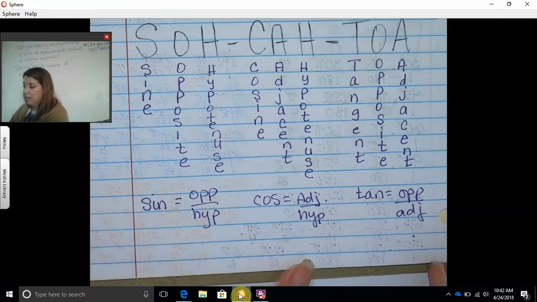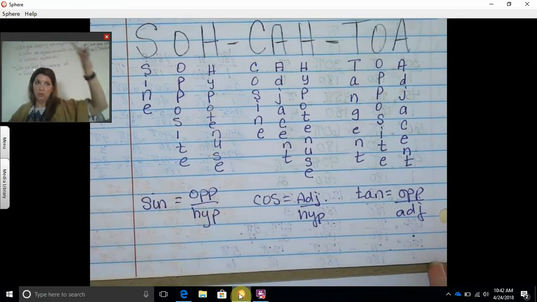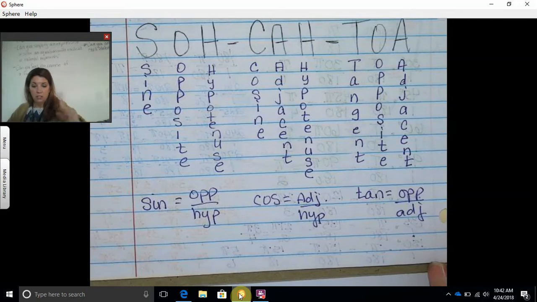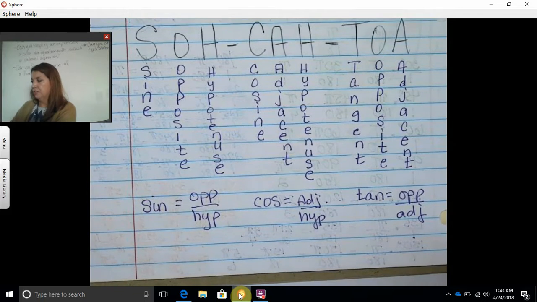X comma y, the cosine is your x value, and the sine is your y value. So we're just going to be using cosine and sine to find the ordered pairs around the whole entire unit circle. And we won't be able to finish all of that today. Don't be sad. Page 202.